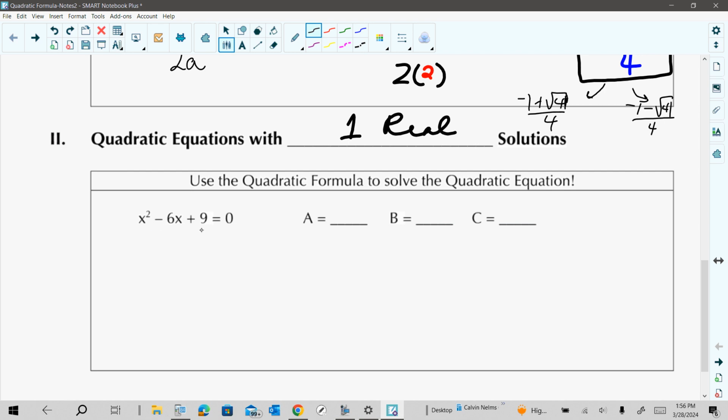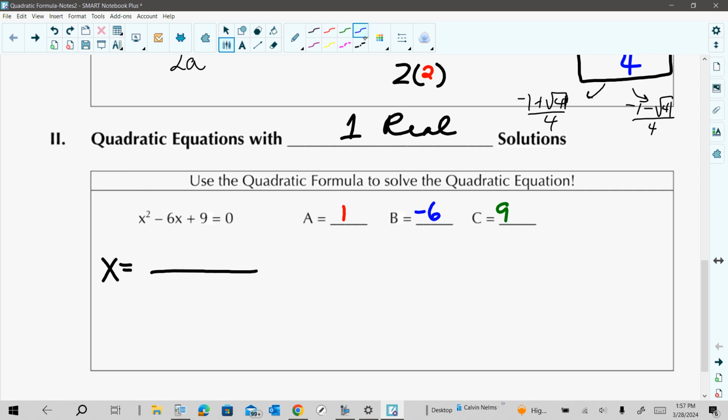All right, so one real solution. This is in standard form. We're going to substitute our values for A, B, and C. So A should be 1 here, B is equal to negative 6, and C is 9. So we're going to substitute that into the formula.